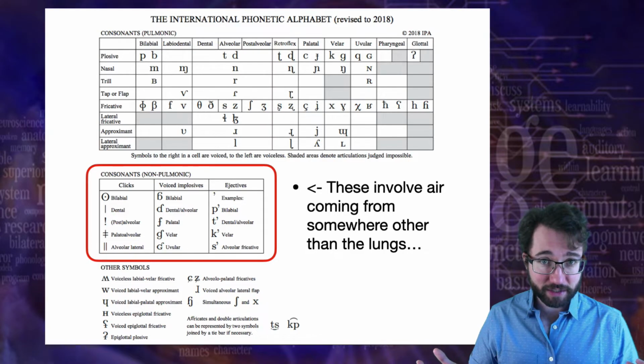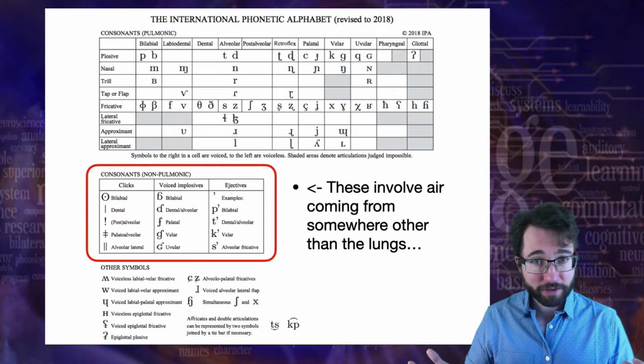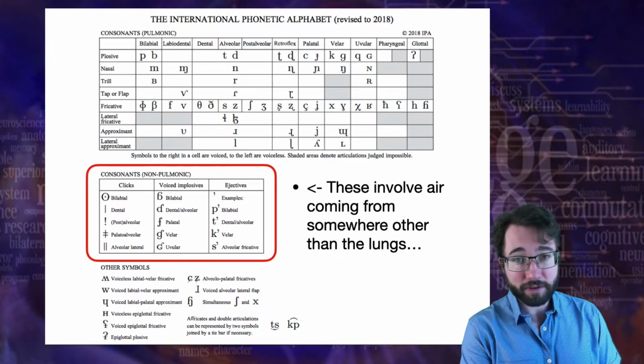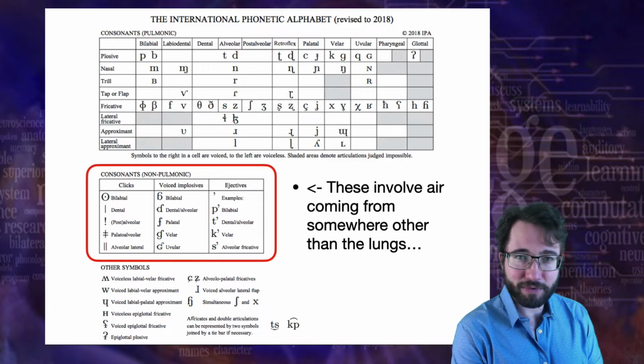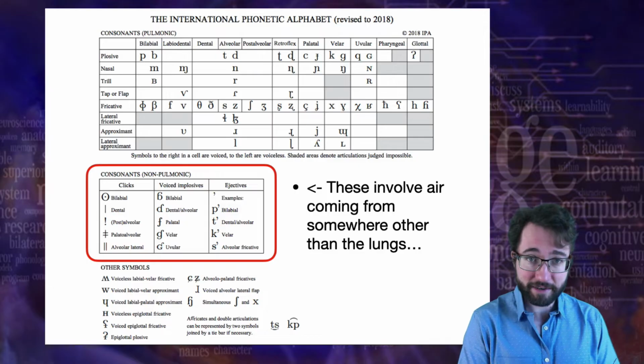Then we have dental clicks. The post-alveolar click, palatal alveolar click is kind of like popping a cork of champagne. And the alveolar lateral click is a click that I believe has some use in horse riding, but it also is a phone. It's a sound in some languages.